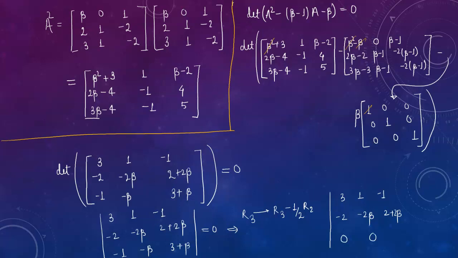Minus beta, minus minus plus of beta, this will be 0, and 3 plus beta minus of minus 1 minus beta, again beta will be 0. So 3 minus 1 is 2.